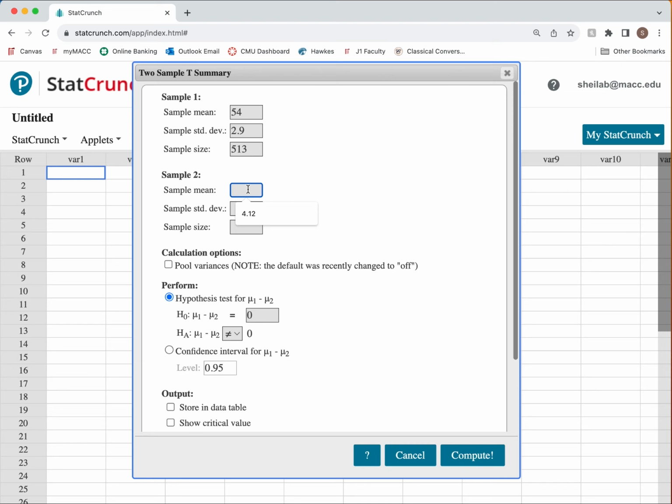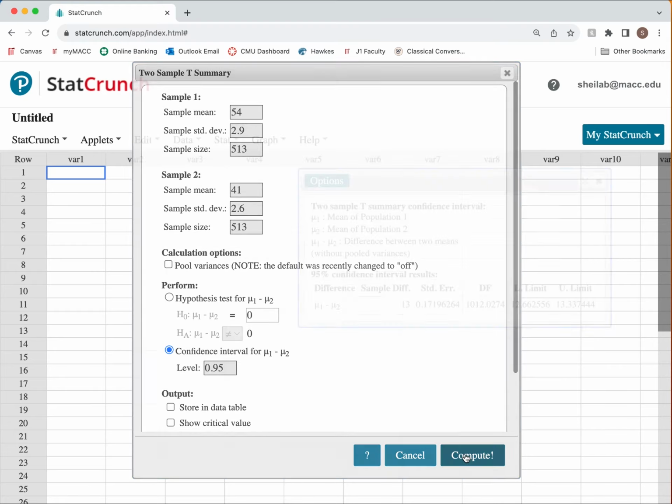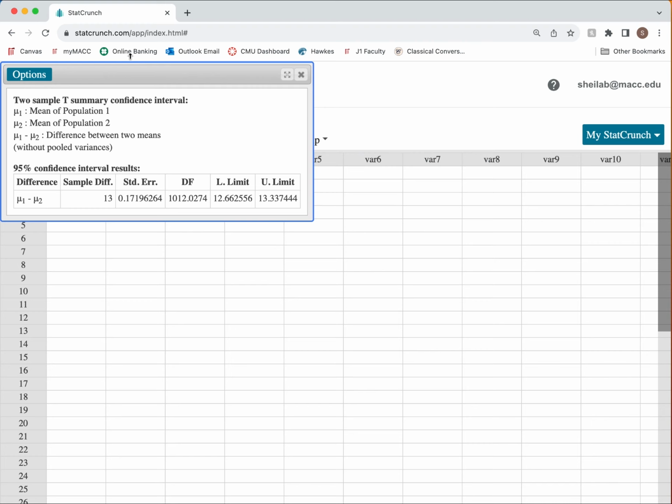The mean for the Democrat is 41 cents, so 41. The standard deviation is 2.6 cents, and there were 513 also. All right. We're not doing a hypothesis test. We're doing the confidence interval, and it is at 95%. So that's awesome. And then let's compute.